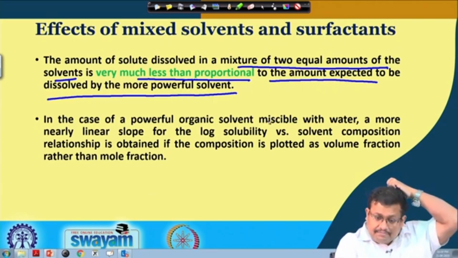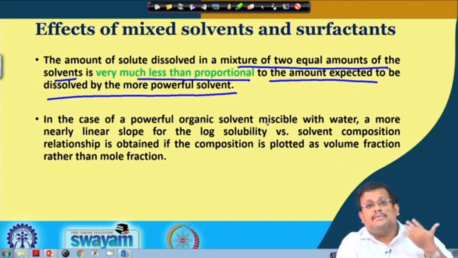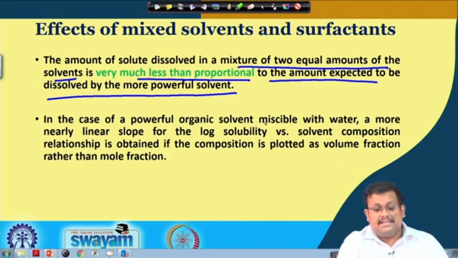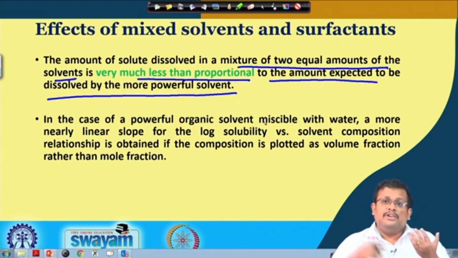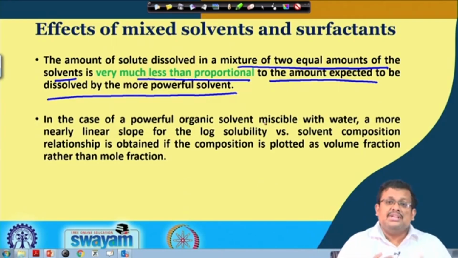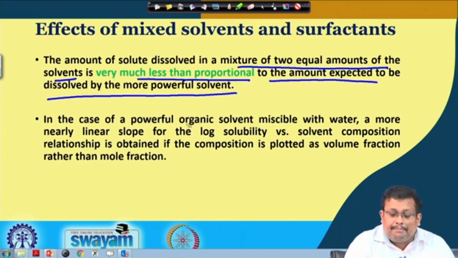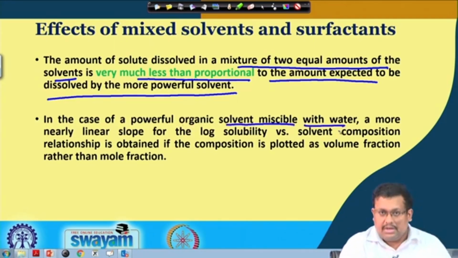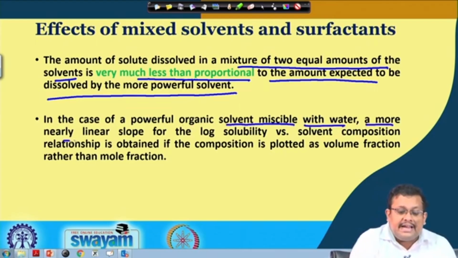So, obviously, when the third substance is expected to produce high solubility in a particular solvent, when we mix it with another solvent in an equal amount, then the solubility of the third substance gets substantially reduced.